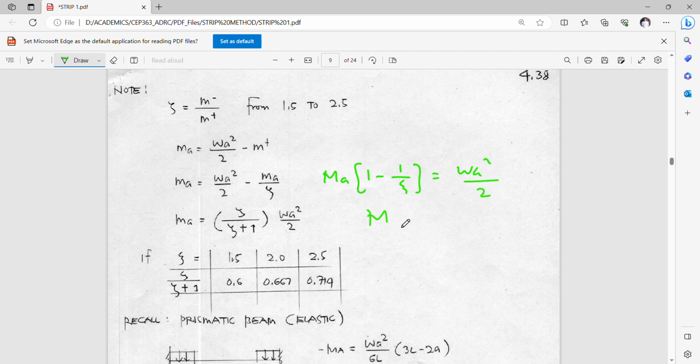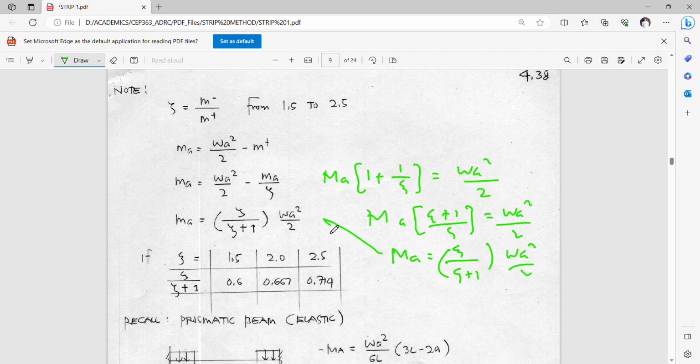You see, now MA equals, by cross multiplying, C minus 1 rather, this is C over C plus 1 times W A squared over 2, and then this M is C over C plus 1 times... so this is the right formula for M.